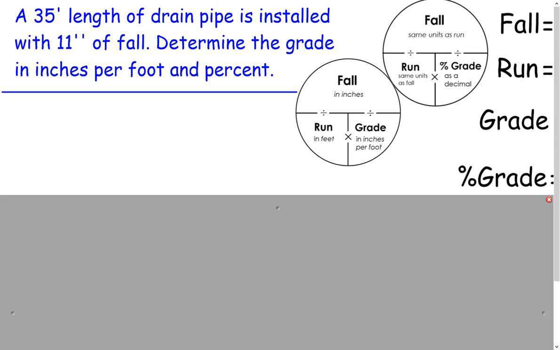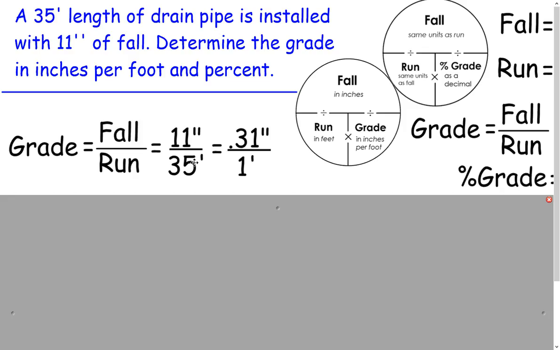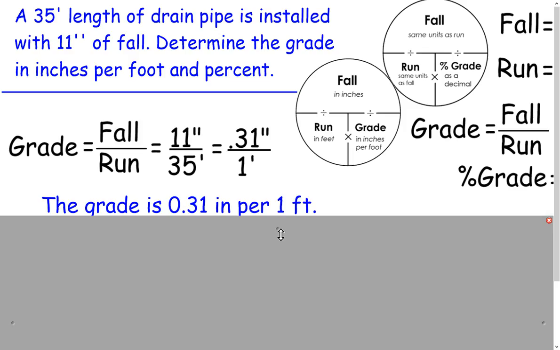So let's put it all together. A 35 foot length of drain pipe is installed with 11 inches of fall. Determine the grade in inches per foot and percent. So grade is fall over run. It's going to be 11 inches over 35 feet, and that gives you 0.31 inches per foot. And that's your grade.